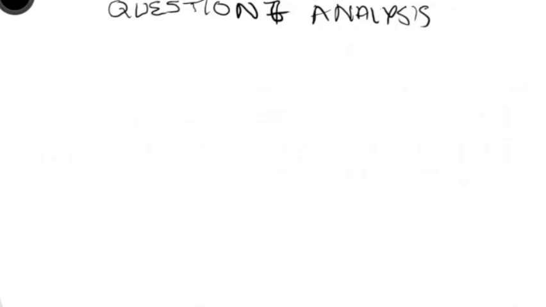Okay, so to properly analyze the question, we're going to take a 3 by 3 matrix instead of using a 10 by 10. We're going to call this 3 by 3 matrix A, and this A is going to be equal to random numbers.